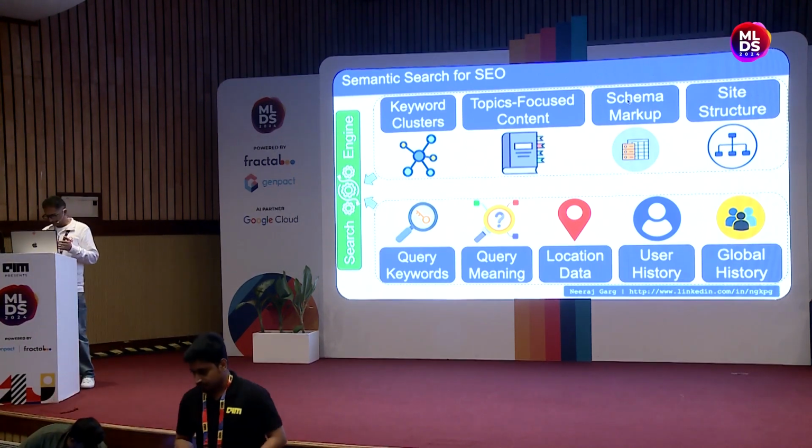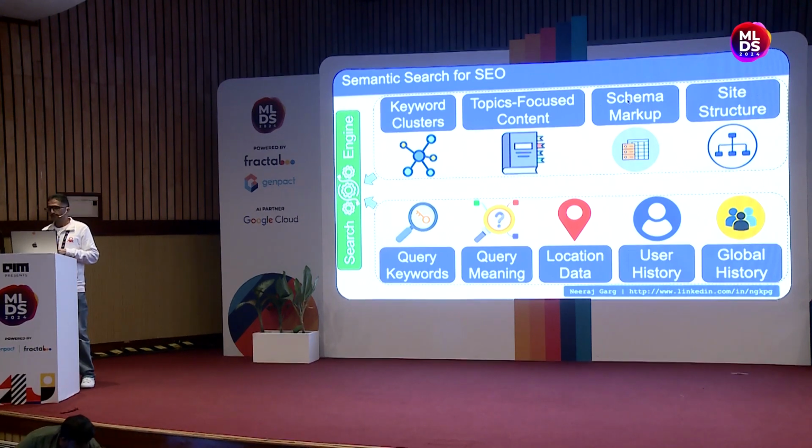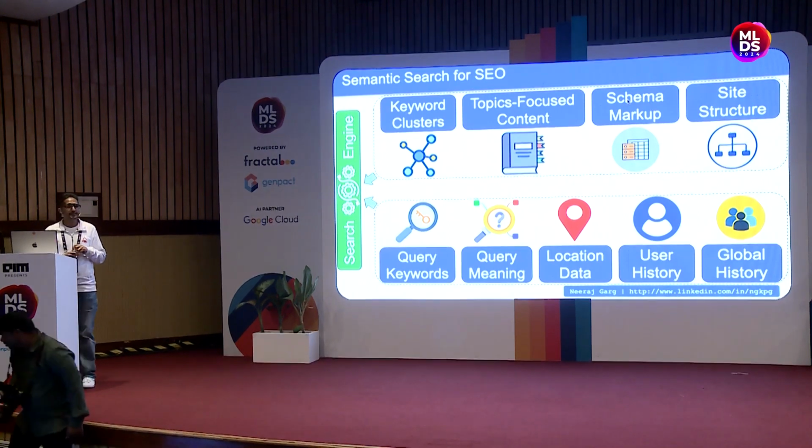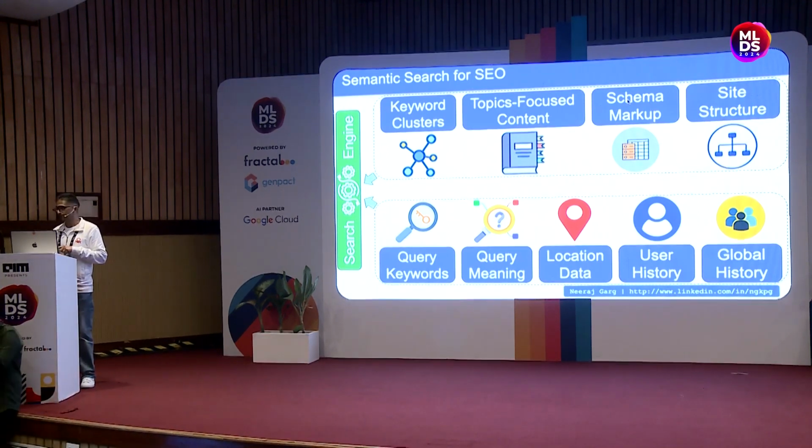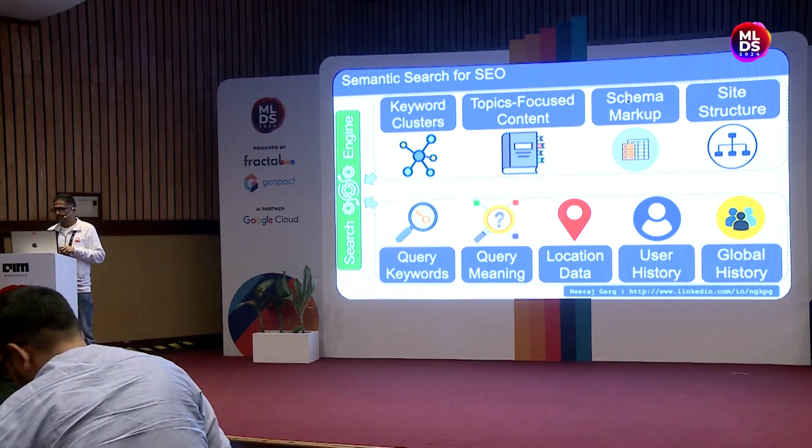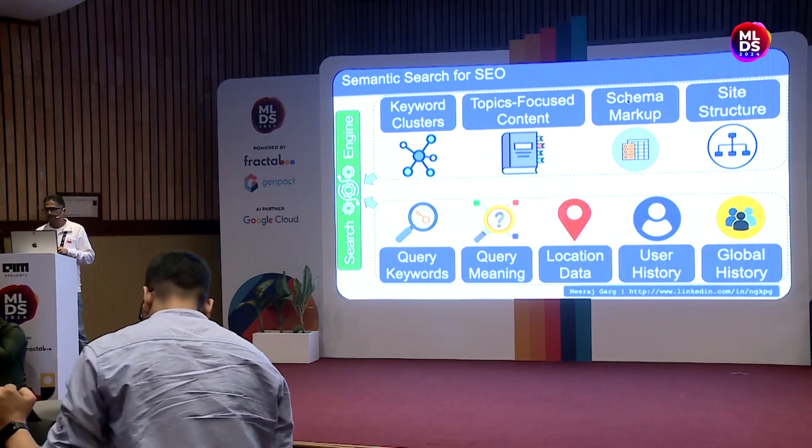We also need to ensure that we have a good quantity and quality of schema markup, also known as structured data, I think. So that is basically metadata, data about the content on your web pages. That is also extremely important.